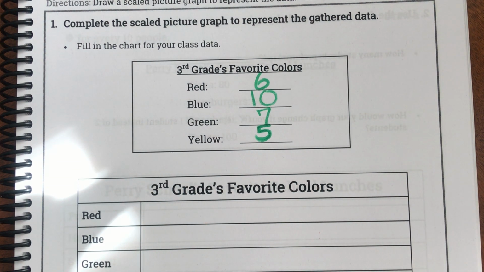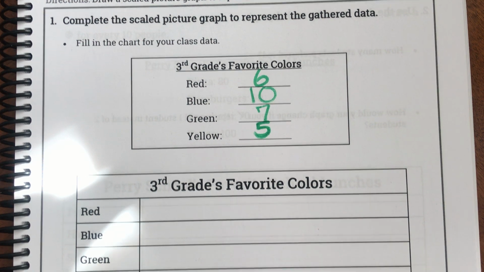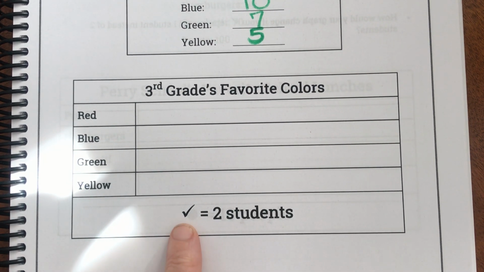And we're going to see the same problem that we've seen before with this scale idea. For our red, it says third grade's favorite colors, but let's pay close attention to our scale. Our scale is each check mark is going to equal 2 students.